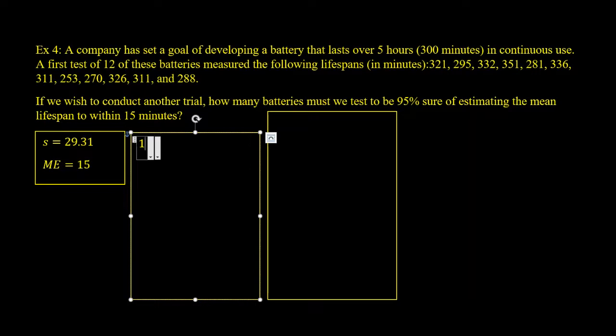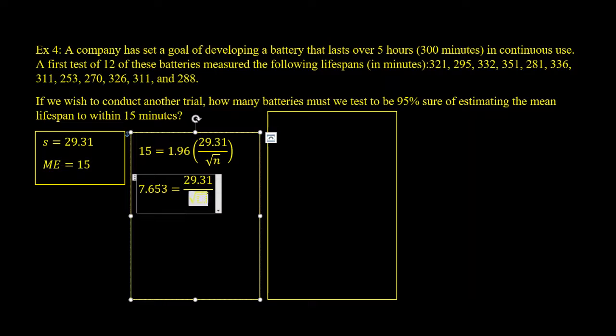15 equals 1.96, because we want a 95% confidence interval, times 29.31 over the square root of n, which is how we find our standard error. Divide the 15 by the 1.96, and we get 7.653 equals 29.31 over the square root of n.